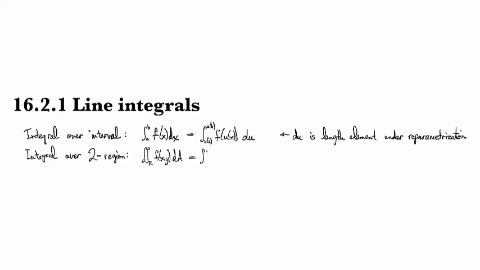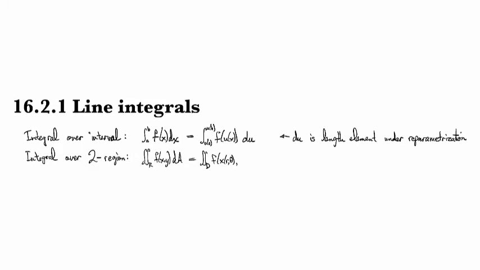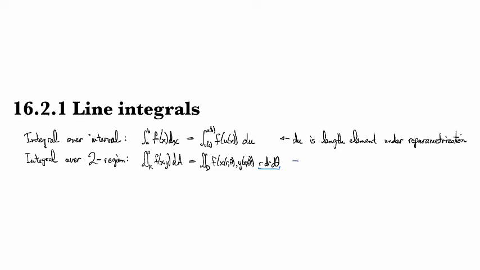And when we do a change of variables here to reparameterize, so that the integral is now over the parameter domain D, then we have f of, say we're doing polar, x as a function of r and theta, where r and theta move through the D domain, and y is also a function of r and theta. And then we have this r dr d theta. And so now this is going to be our new area element.